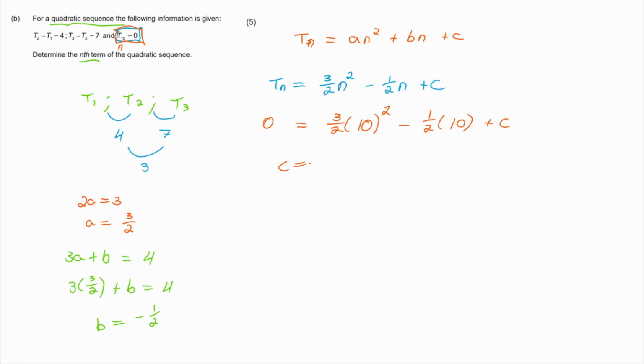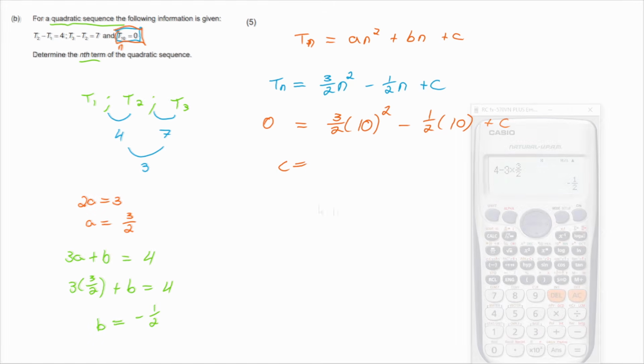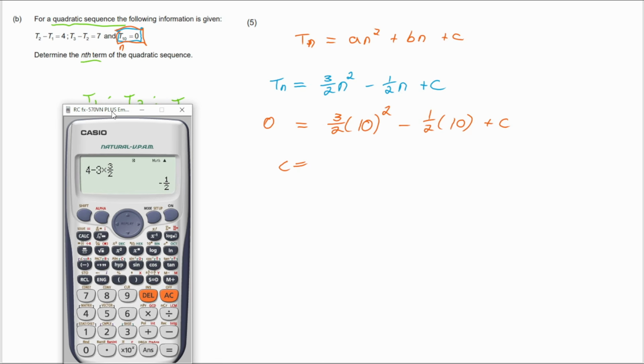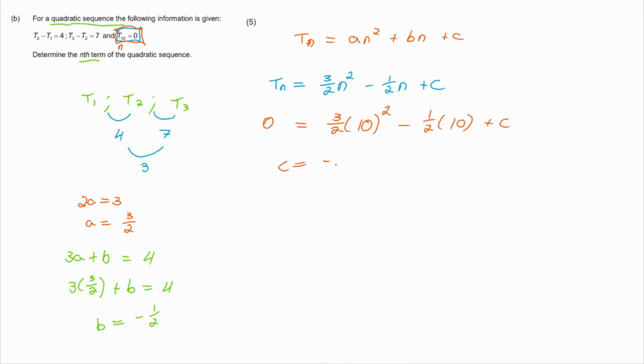So c is equal to, in my calculator, 3 over 2 times 10 squared, which should be negative when it goes to the other side, plus a half times 10. I get c is negative 145.